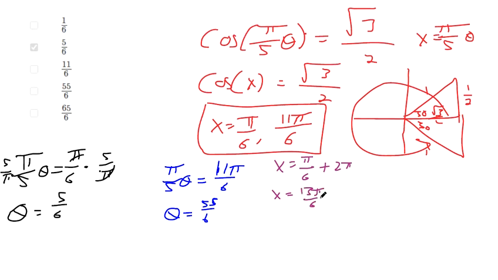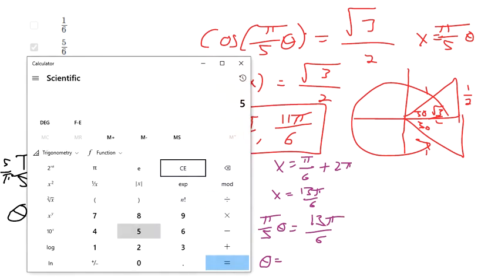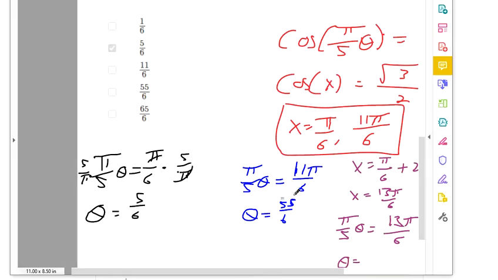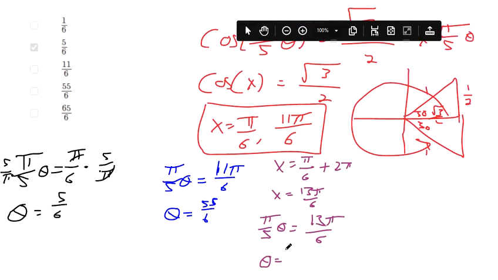Let's see if this gives us another unique solution. If I do that for pi over 5 theta equals 13 pi over 6, because that's what x is. And we solve this equation. We'll multiply by the reciprocal. The pi's will cancel out. So we're going to get 5 times 13 in the numerator. That's 65 over 6.